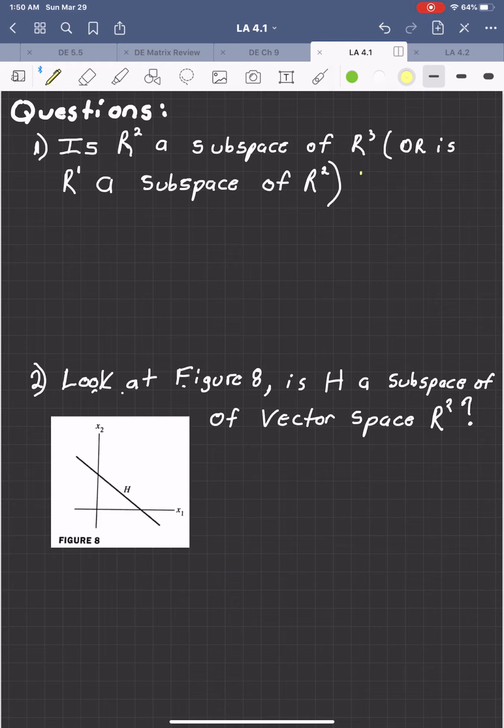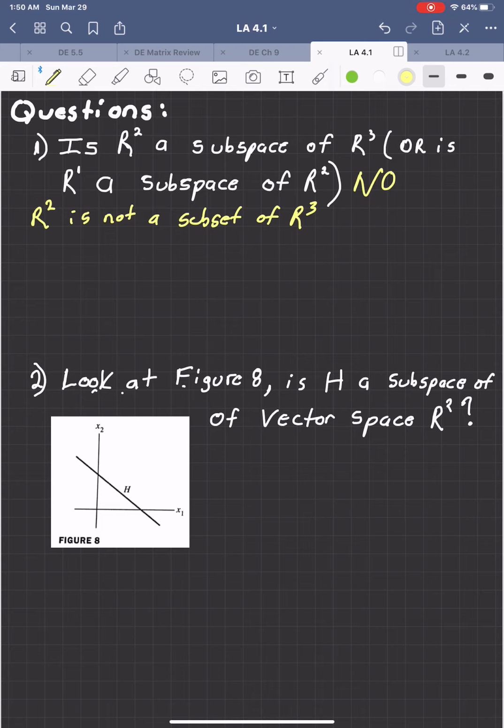And let me actually start with the answer. The answer is no. R2 is not a subspace of R3. In fact, R2 is not even a subset of R3. How do I make that more clear?